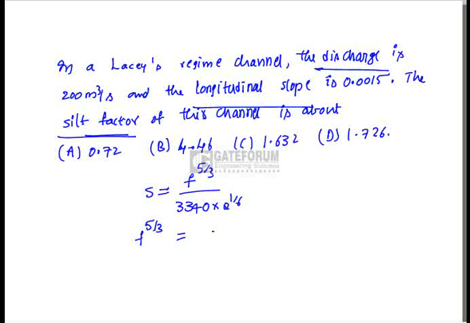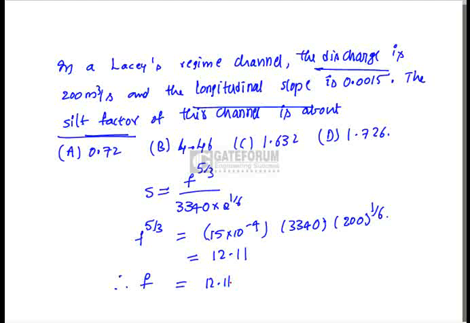Slope is 15 into 10 to the power of minus 4. Discharge is 200 cubic meters per second, so f power 5 by 3 is equal to 12.11. Therefore, f is equal to 12.11 power 3 by 5, that is 4.46.